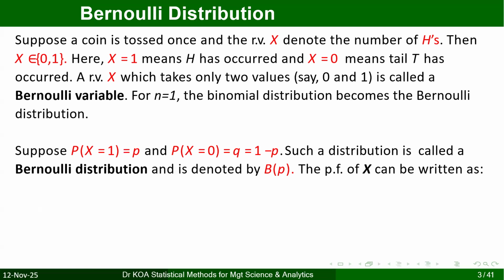Does that make sense? You can toss a coin once, can't you? Yes. And the outcomes are what? Either success or failure, depending on which one you want. So the outcomes are 0 or 1. And the trials are how many? 1.